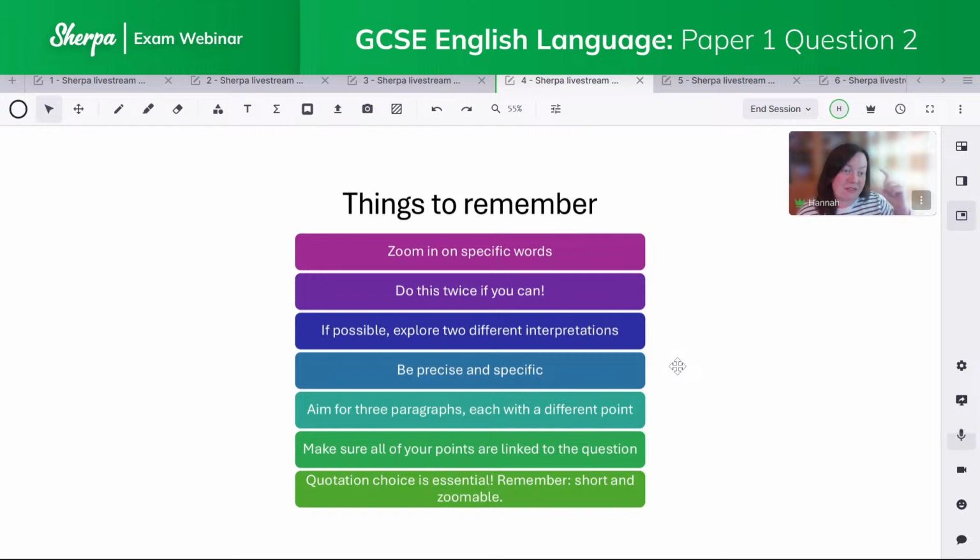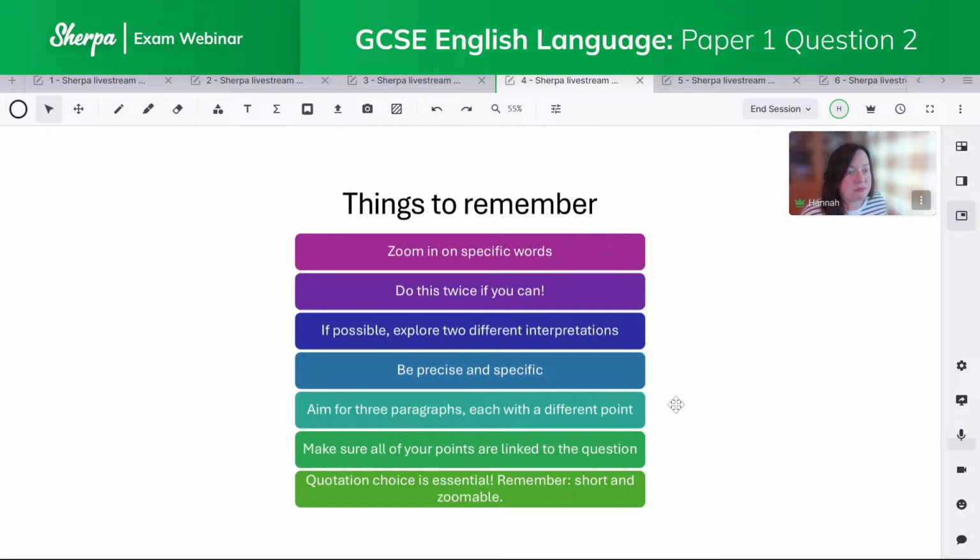But you can read a relatively short paragraph where every single sentence adds to your interpretation, adds to your analysis. And that is what we mean by being precise and specific. Really only talking about what you need to in a condensed paragraph. You're aiming for 3 paragraphs. If you write 2, but they're lovely and detailed, that can still get you pretty far.